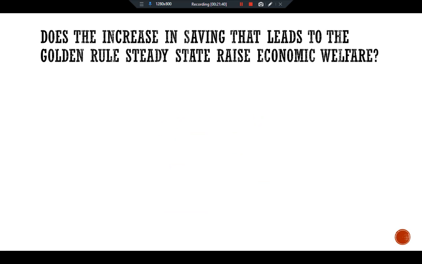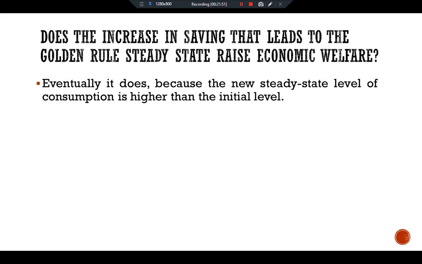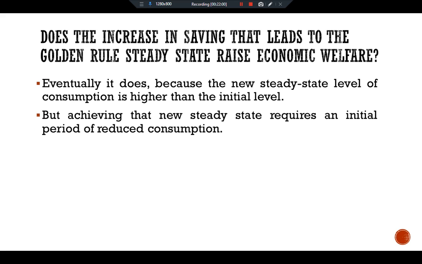Okay, does the increase in saving that leads to the golden rule steady state raise the economy's welfare? One of the main questions here. Eventually it does, because the new steady state level of consumption is higher than the initial level, but achieving that new steady state requires an initial period of reduced consumption.